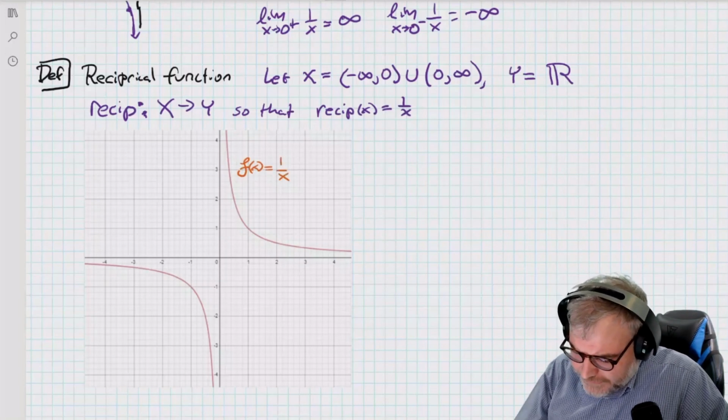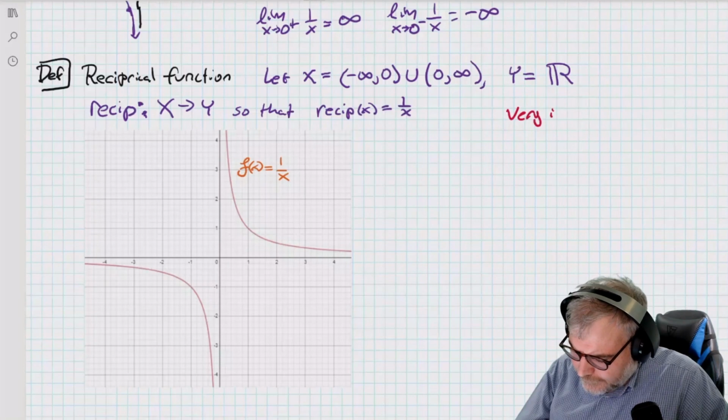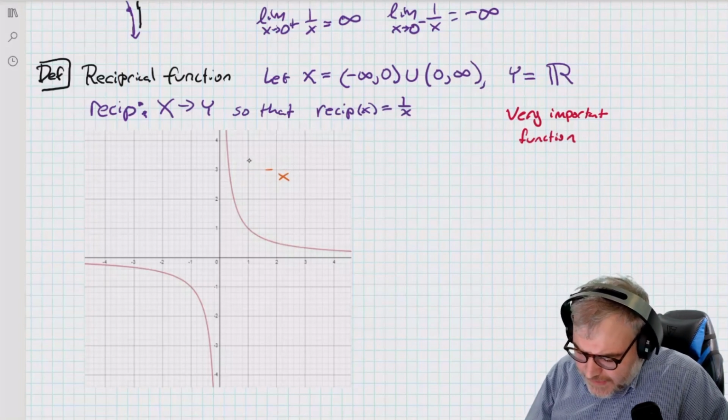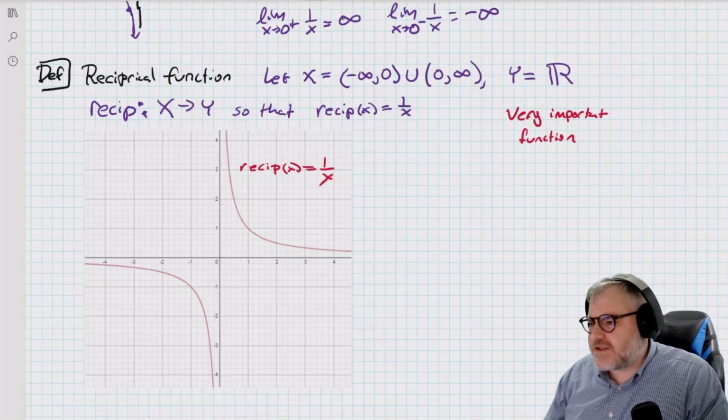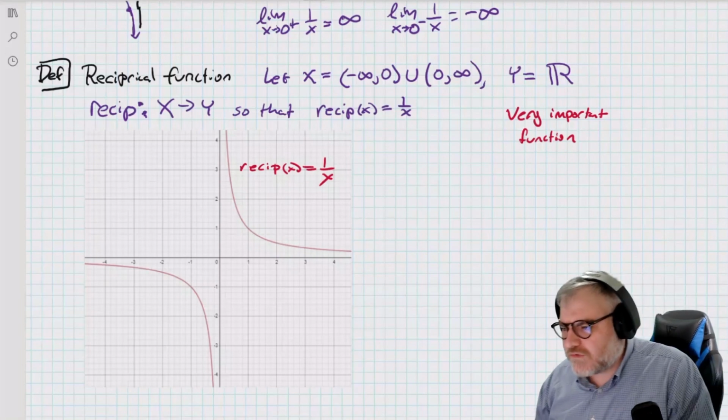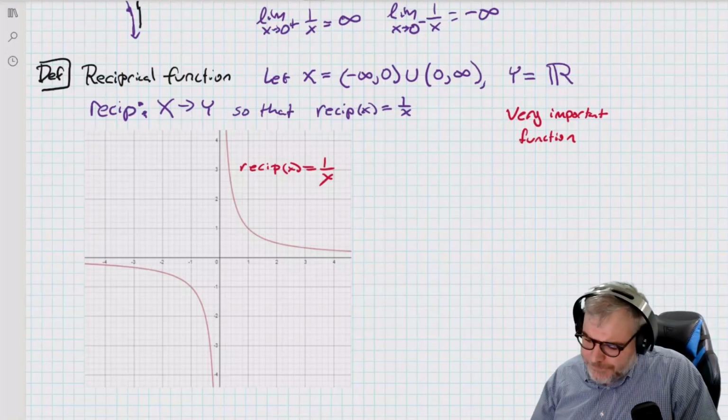Very important function. Yeah, I should actually say recip because I'm doing it here. Right, this is one of those big functions. It's like sine, cosine. It's one of the really big ones.